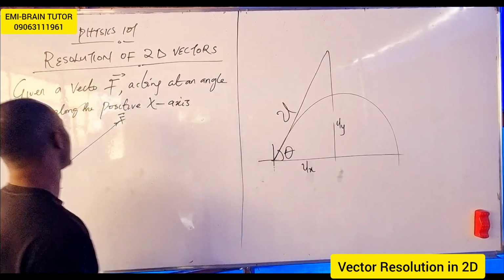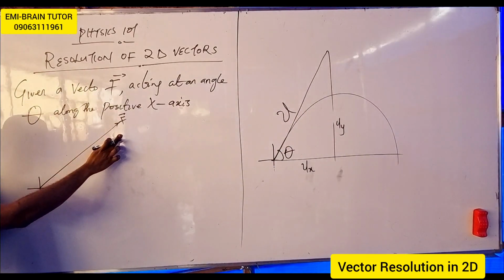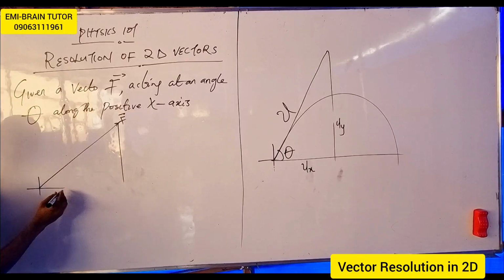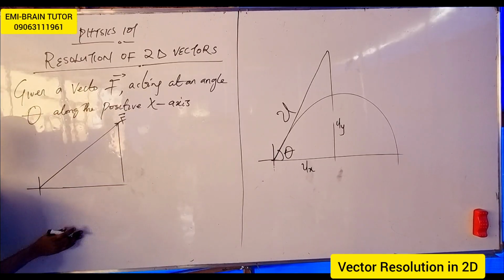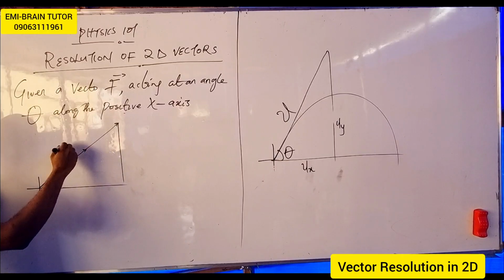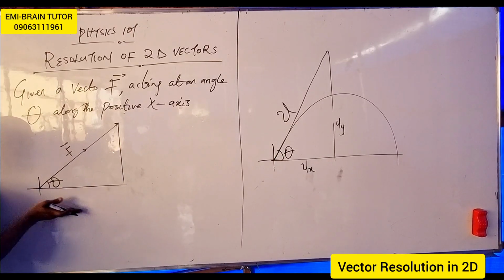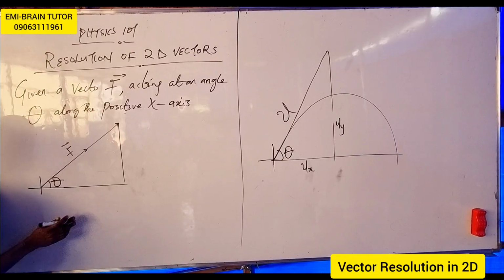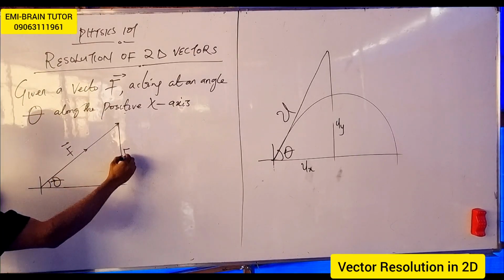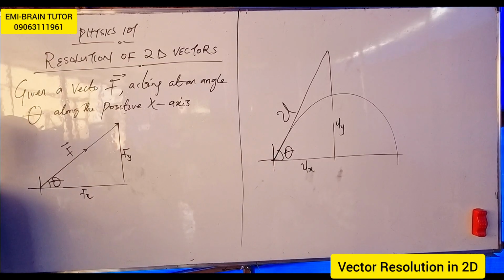So if I have a vector F like this, it can be resolved into two components. Here is force F, with our angle theta along the positive x-axis. I can resolve this F into Fy and Fx.